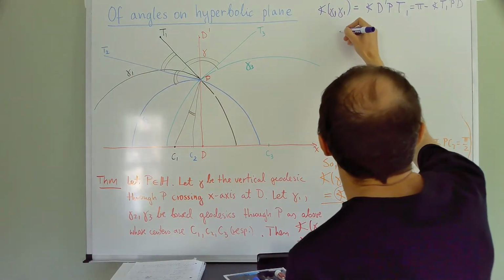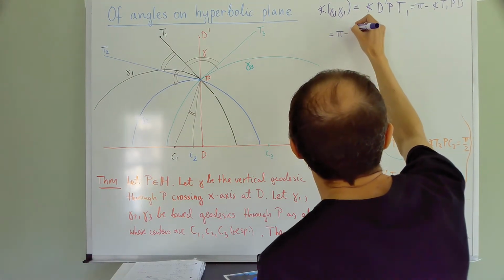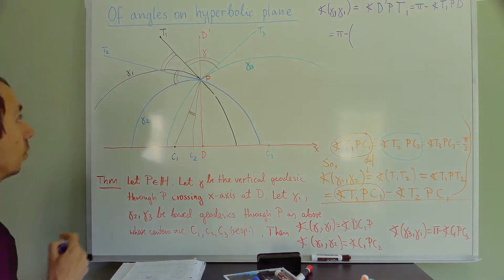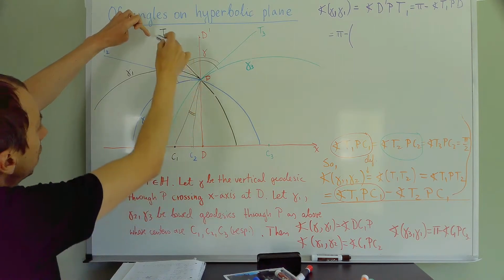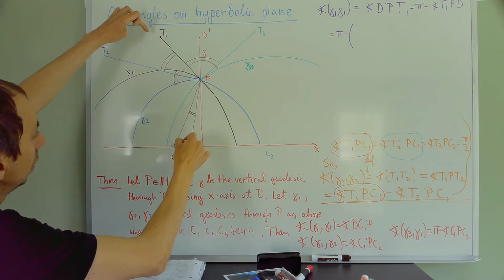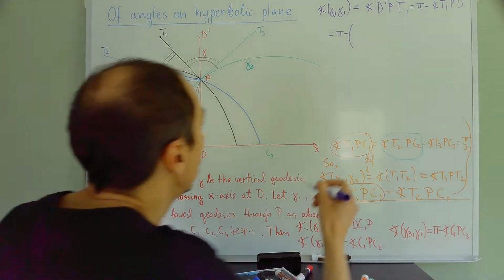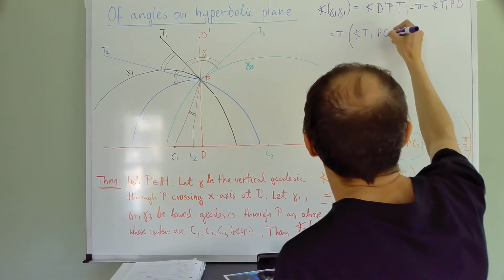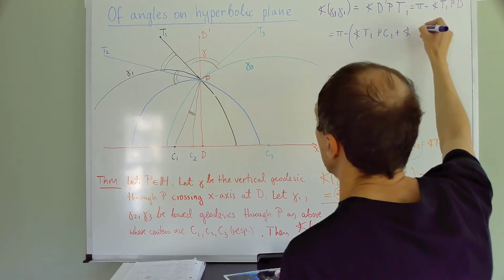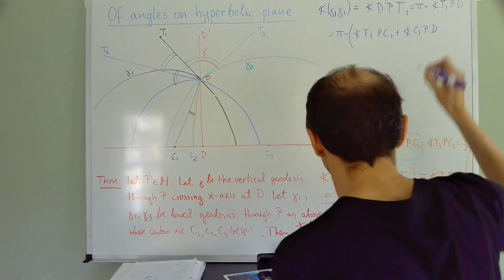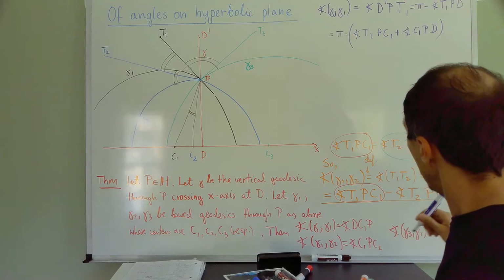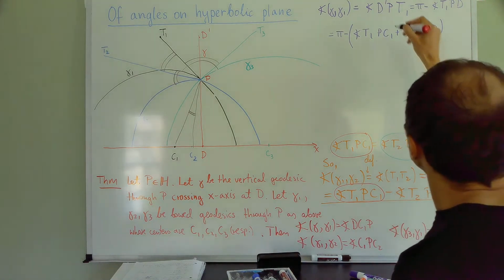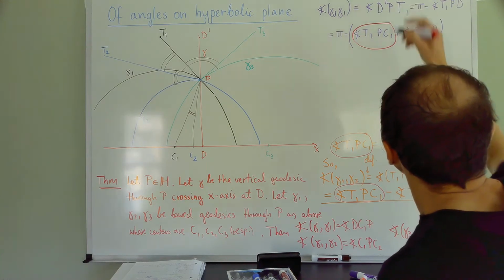All right, so that is equal to pi minus, what is T1 P D? I'm going to write it as a sum of two angles. So T1 P D is T1 P C1 plus C1 P D. Aha, but T1 P C1 is again pi halves.